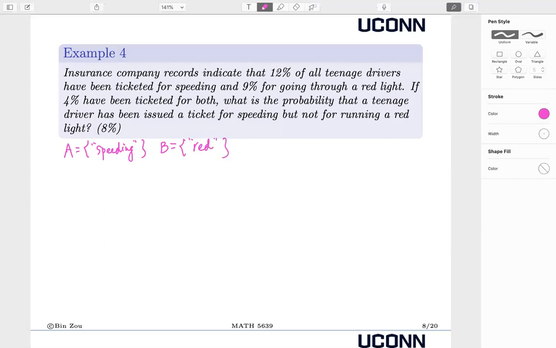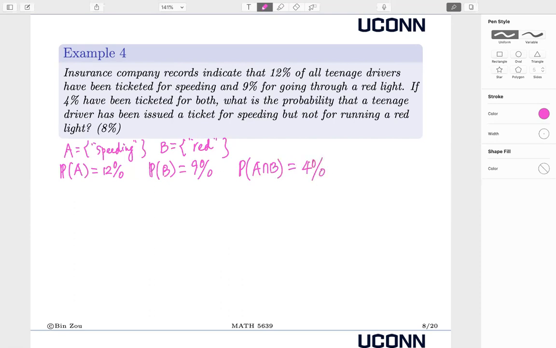Next, let's interpret the probabilities. 12% have speeding tickets, so P(A) is 12%. 9% went through a red light, so this is 9%. 4% have been ticketed for both. Both is the intersection.